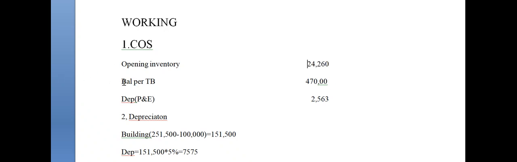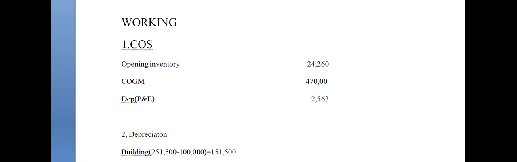Now we had cost of goods manufactured. Then they said we should add PPE. We are going to add PPE, and then we are going to less the closing inventory from here.